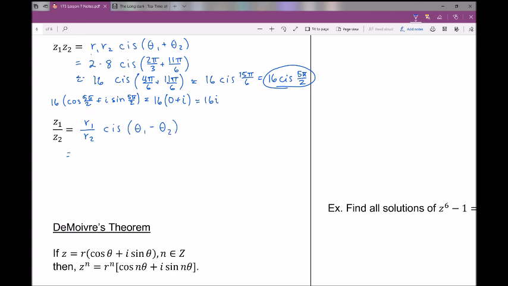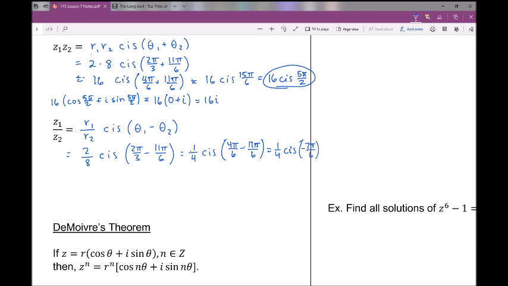So this comes out to be 2 divided by 8 cis 2 pi over 3 minus 11 pi over 6. Alright, and if we simplify this, we get 1/4 cis 4 pi over 6 minus 11 pi over 6, which gives us 1/4 cis negative 7 pi over 6.